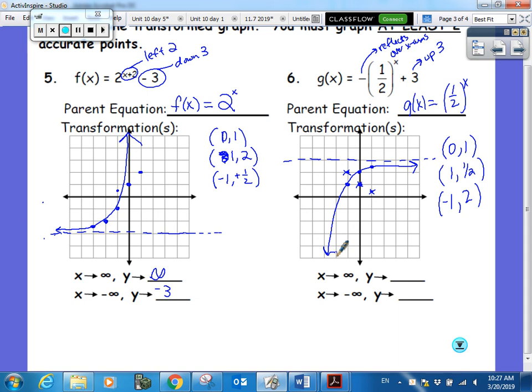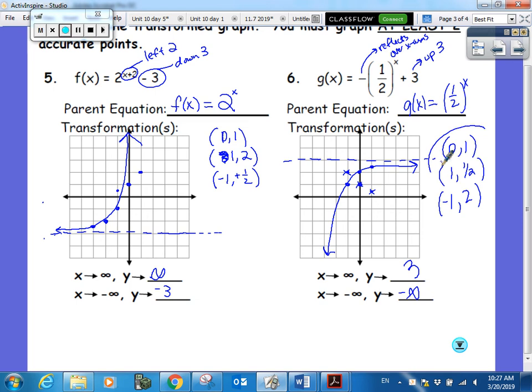So that one can reflect up or down. The half is what makes it kind of reflect over the y-axis, but we won't have any negative x's there for you. So as x approaches infinity, so as x gets bigger and bigger, it approaches the asymptote, which is 3. As x approaches negative infinity, so x goes to the left, y goes down to negative infinity.